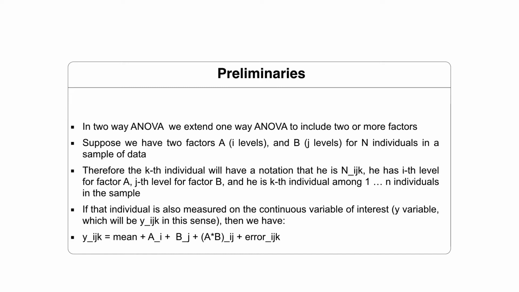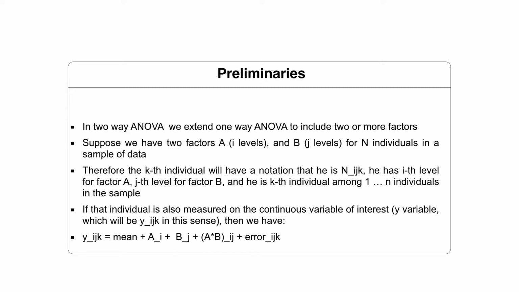And then there would be some effect that is entirely because of the variability that you can expect because of the specific ith level of the A variable. And then for the combination of A and B variable, because remember that A has got I number of categories, B has got J number of categories.